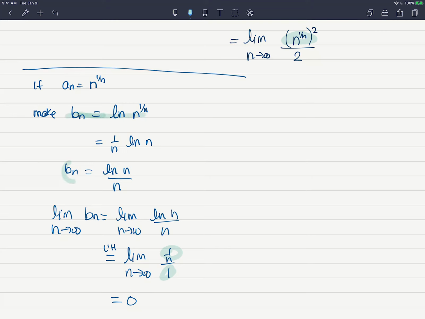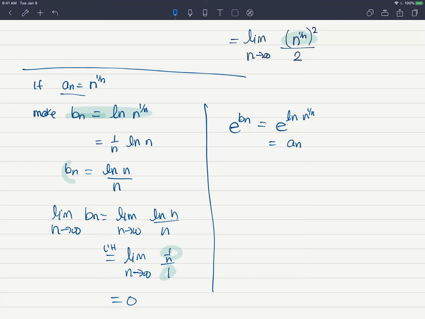But, cool, so now how do we find the limit of the a_n? Well, now we do the part of taking the function to a sequence again. Now e to the b_n is really e to the ln of n to the 1 over n, right? But this is just a_n, right?